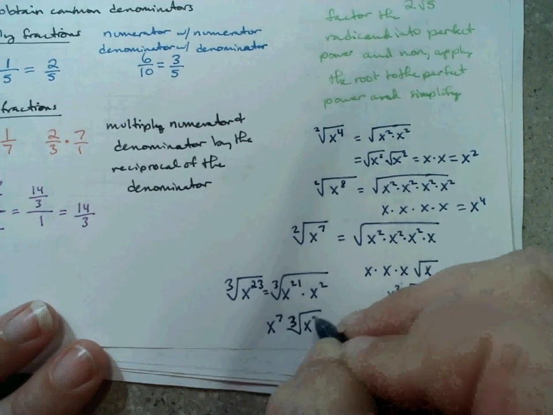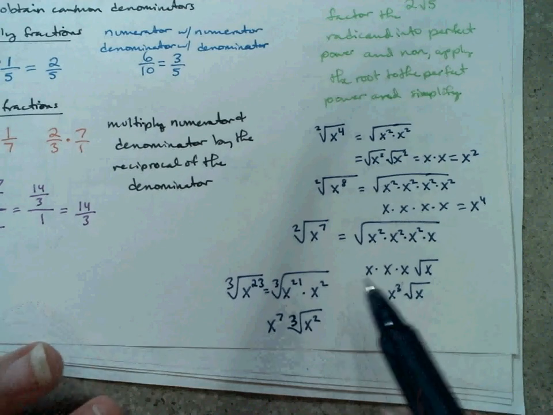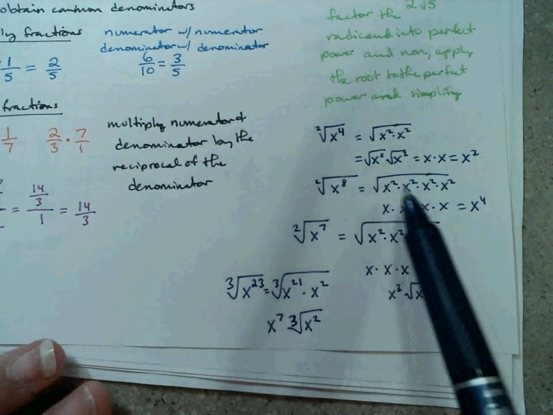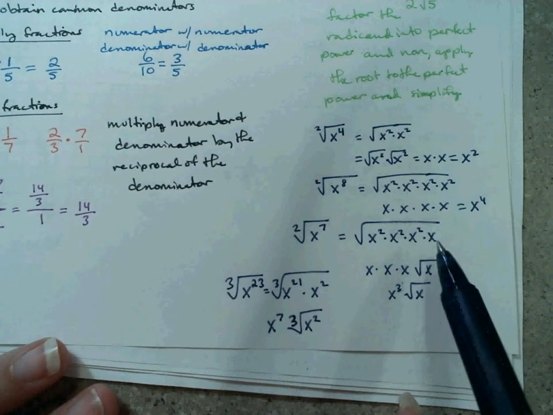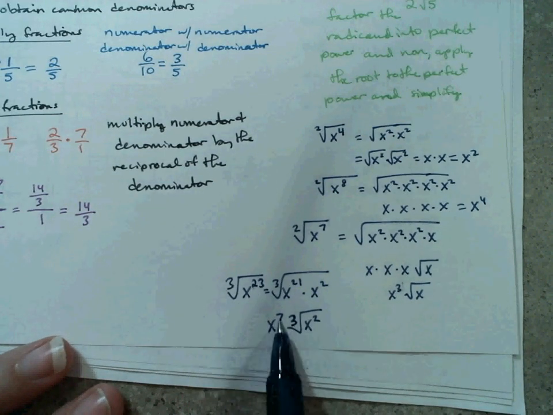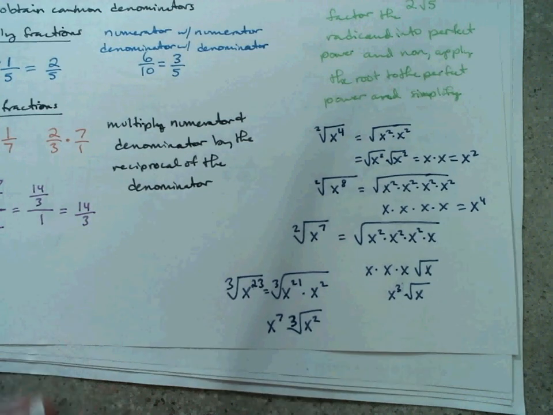So 3 goes into 21 7 times, but then we would have those 2 left over. And so what you're doing is you always take the power, divide it by the root, and whatever the remainder is has to remain in the interior. So 3 goes into 23 7 times with 2 left over.